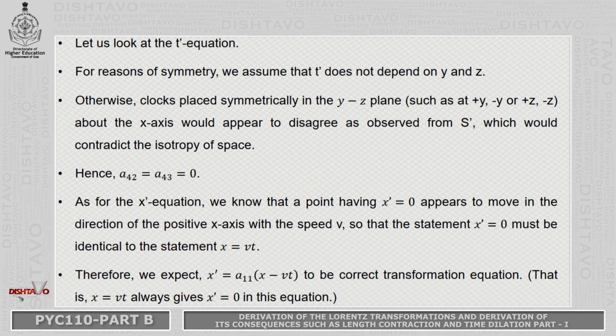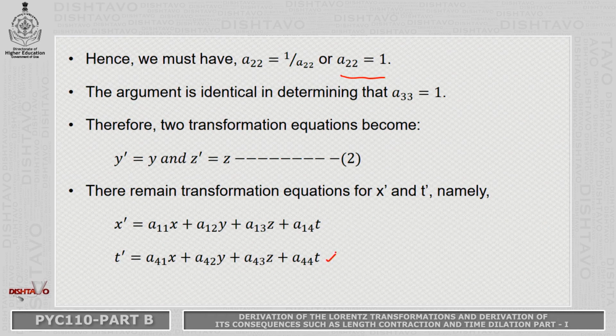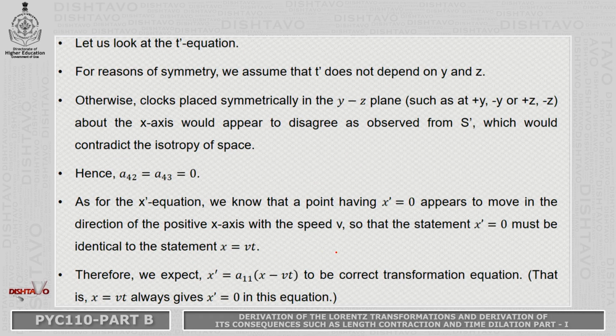Let us look at the t dash equation. For reasons of symmetry, we say that t dash does not depend upon y and z, because the direction of motion is along the x axis. Otherwise, clocks placed symmetrically in the yz plane, such as at plus y and minus y, or at plus z and minus z, about the x-axis would appear to disagree as observed from S dash, which would contradict the isotropy of space.